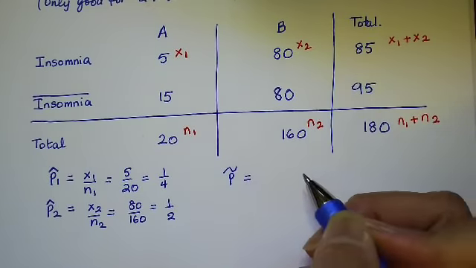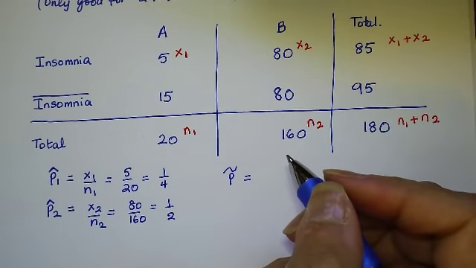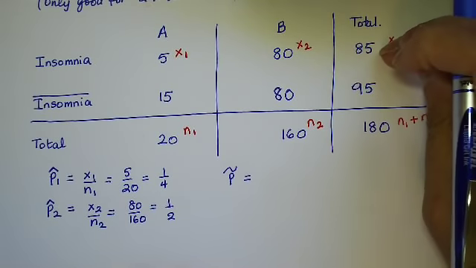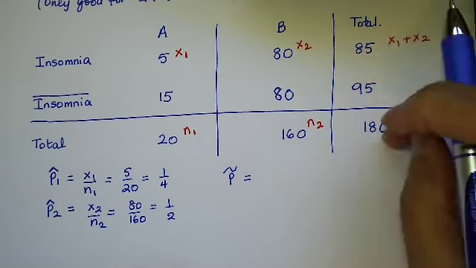And then there's P tilde, which is the common proportion, meaning total insomniacs over grand total here. So this is x1 plus x2 over n1 plus n2, which is 85 over 180.